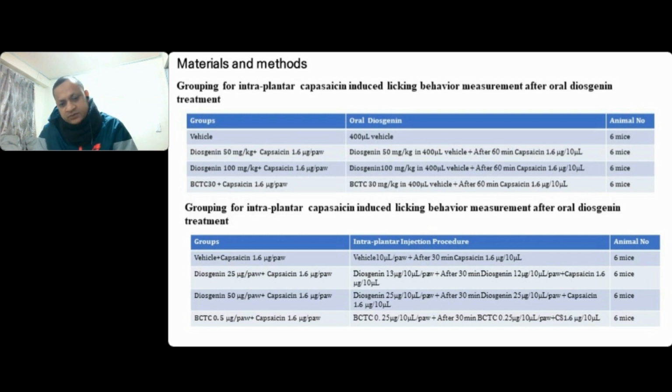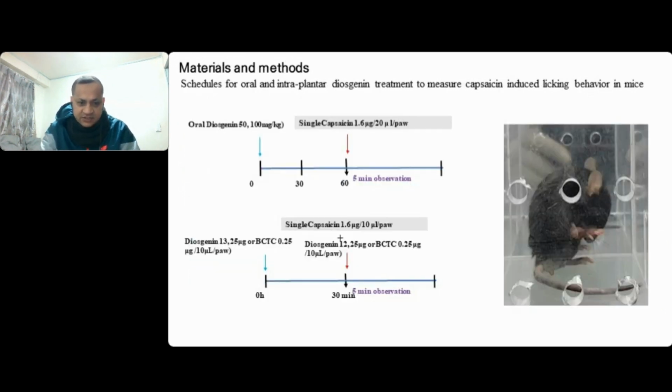Similarly with Diosgenin, we divide the dose. First we inject half the dose, and then the rest of the half dose is injected with the capsaicin, and then we evaluate how the licking time changes.